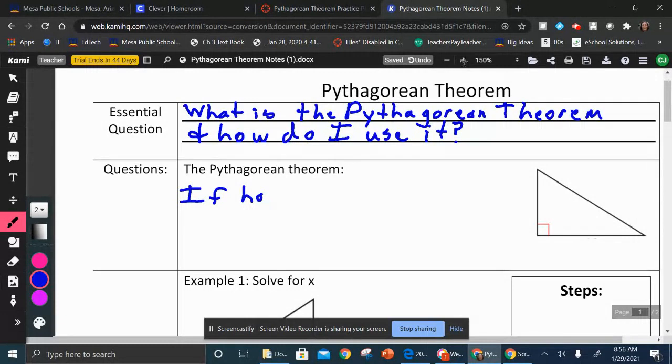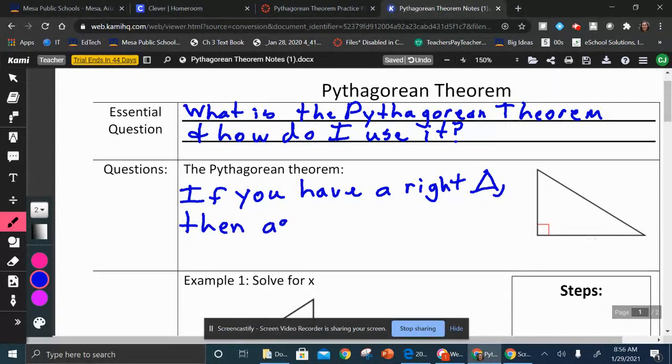So if you have a right triangle, then the sum of the squares of the legs is equal to the square of the hypotenuse. Okay, so remember, a squared plus b squared is equal to c squared.